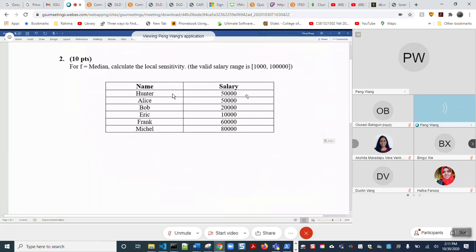First, we sort the salaries. The salaries are 10,000 and 20, and 50, and next one is also 50, and next one is 60, and next one is 80,000.